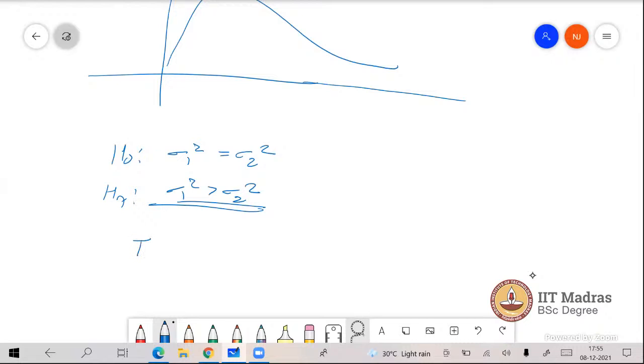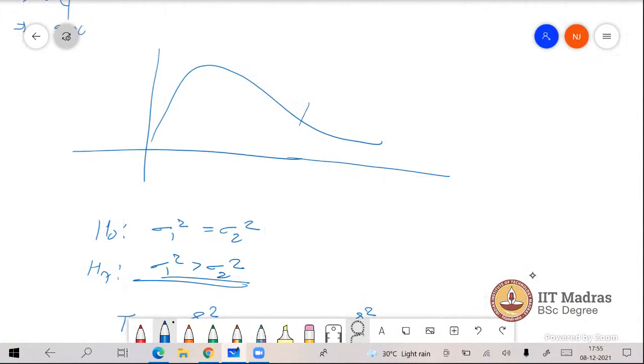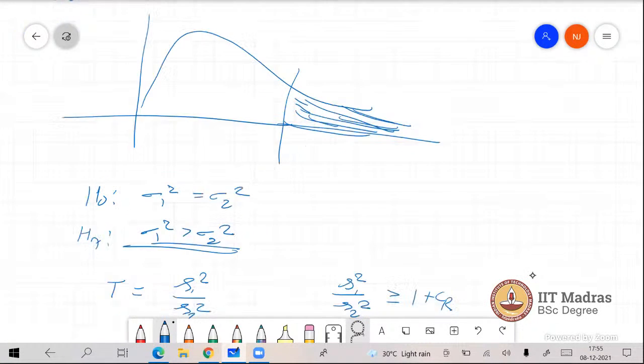Now your test statistic is going to be s1 square upon s2 square, and you are going to reject when s1 square upon s2 square is greater than 1 plus CR.